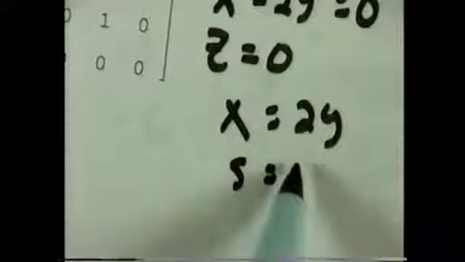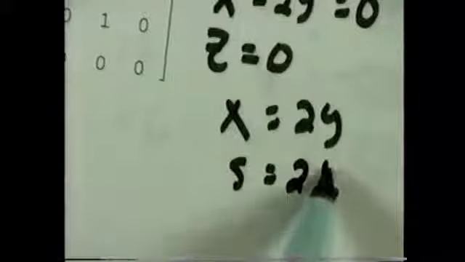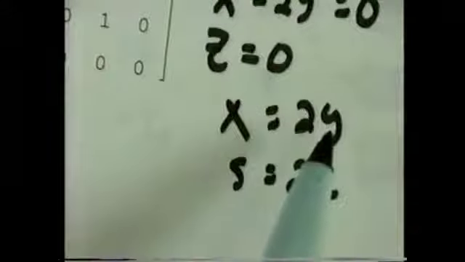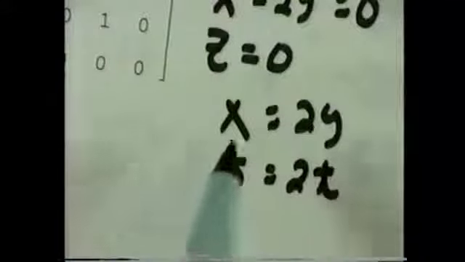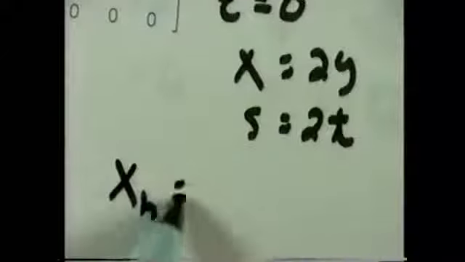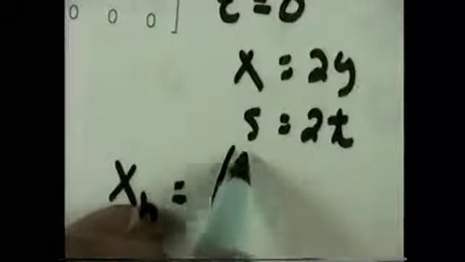So I get s is 2t. Z would be 0, so I can see that xh is all of the form 2t, t, 0.